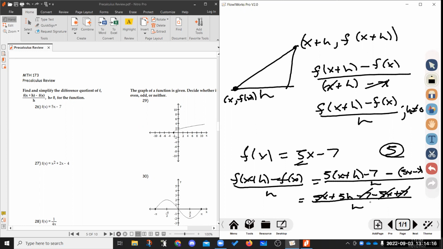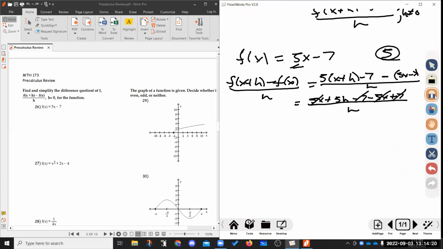All the things without h's are going to go to 0. And we're going to be left with 5h over h. Remember that h is not allowed to be 0. So because h is not 0, this is not 0 over 0, it's a non-zero number over itself, I'm allowed to cancel it out to make a 1, and my answer is 5, just like I expected it to be.